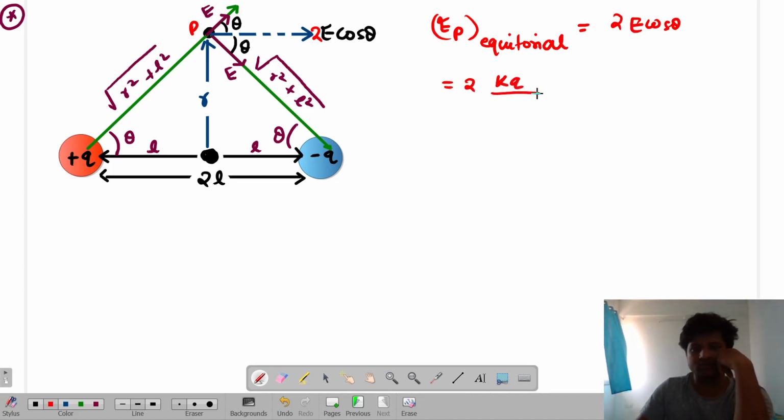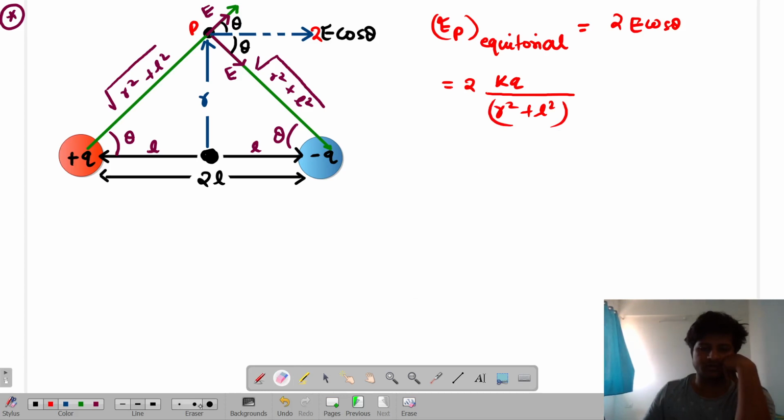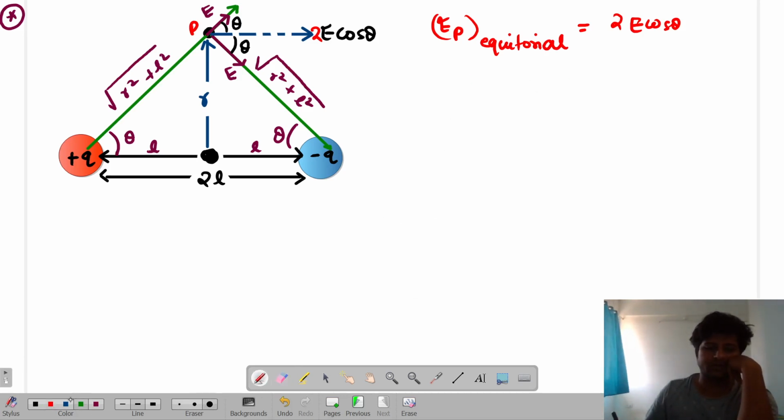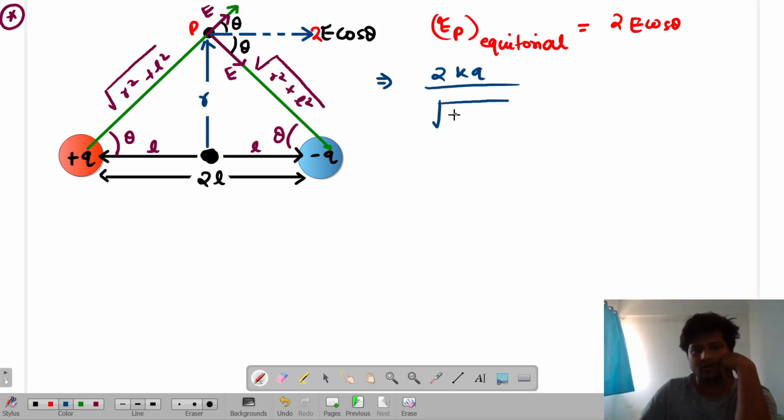K Q by R square plus L square to the power of, sorry, one minute, I forgot. E over there, this implies that twice E cos theta is twice kq divided by square root of R square plus L square whole square.